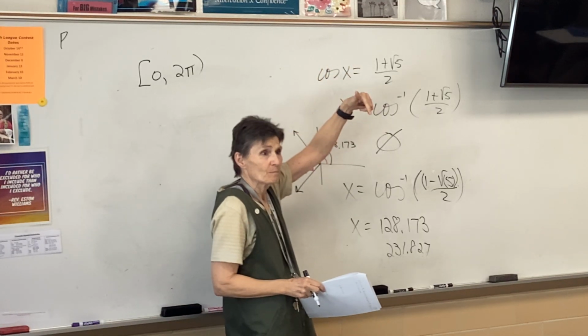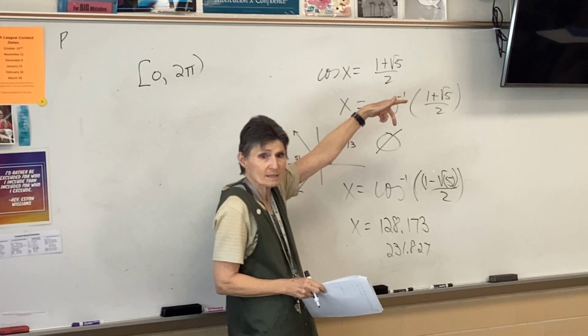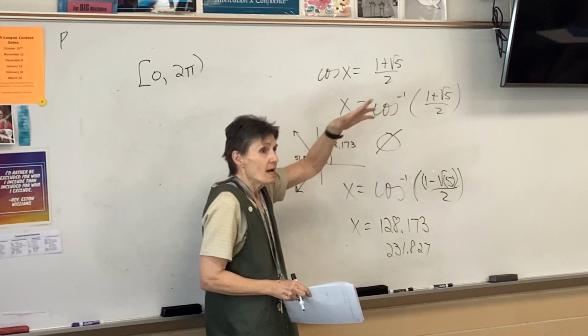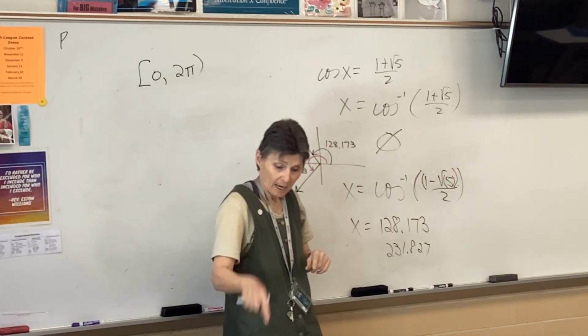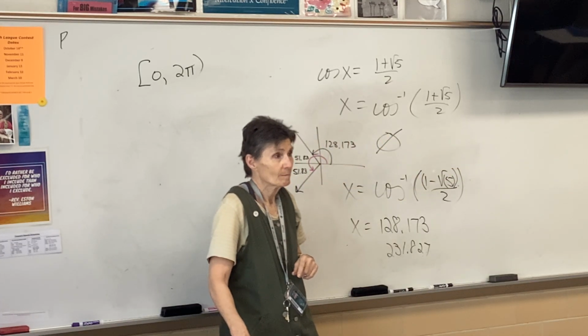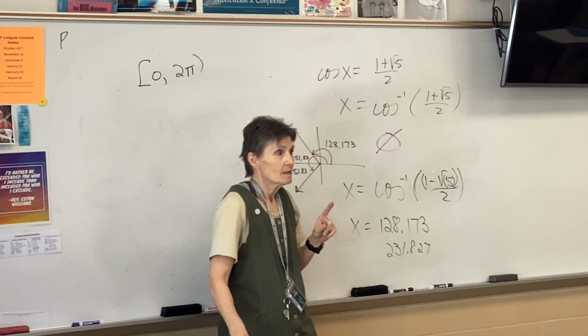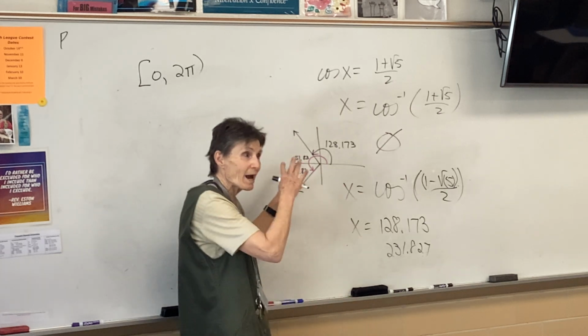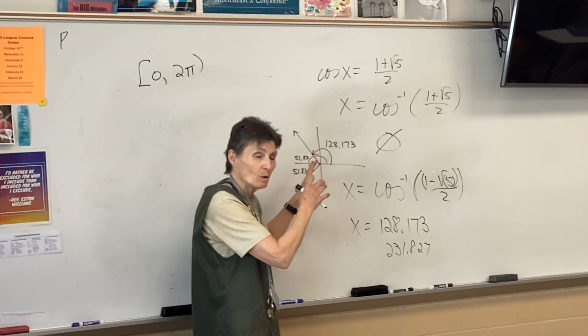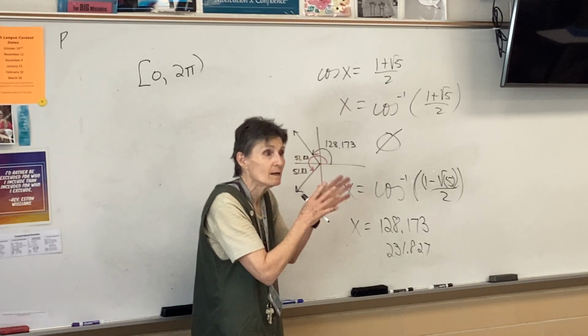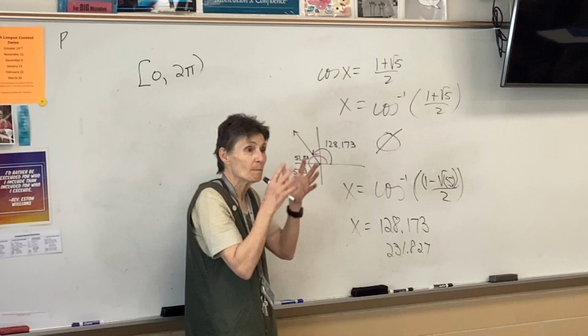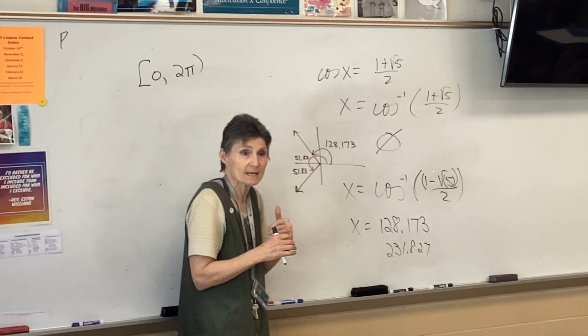That's degrees. 0 to 2 pi is radians. Nothing changes, except you gotta be in radian mode. And like over here when we were subtracting and adding 180, we'll be adding and subtracting pi. But the math is going to stay the same.